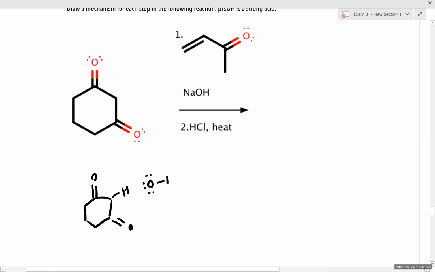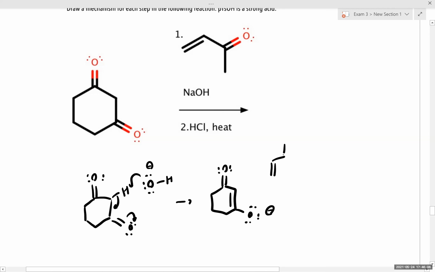So in this case, our base, which is sodium hydroxide, is going to pull off our highly acidic alpha proton. From here, once we have our enolate, it is nucleophilic, and it can attack electrophiles, such as the beta position of our enone, to generate a new enolate.